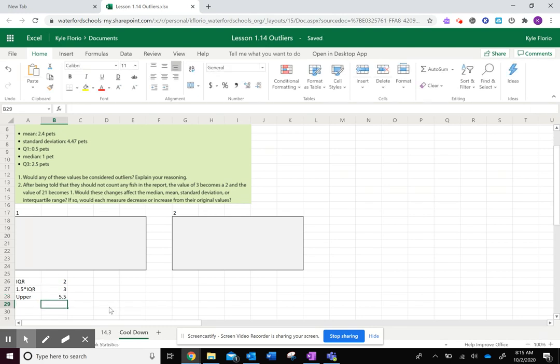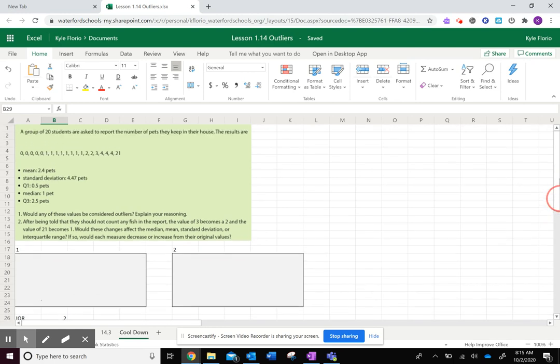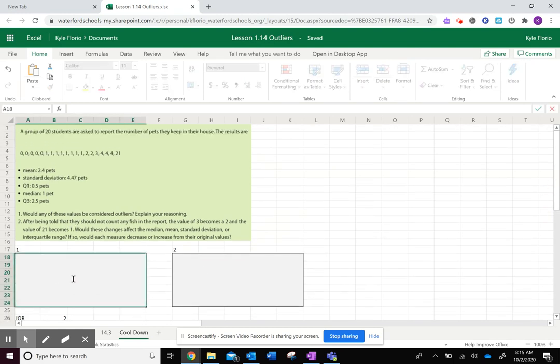Okay, so anything that's greater than 5.5 pets is an outlier. 21 pets is way above that upper bound. So yeah, that's definitely an outlier. Yes, 21 is an outlier. It is way above the upper bound of 5.5 pets.